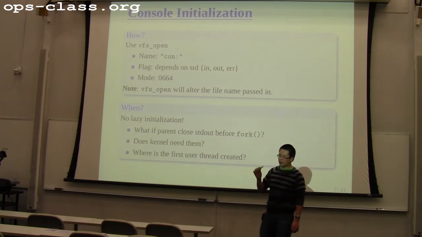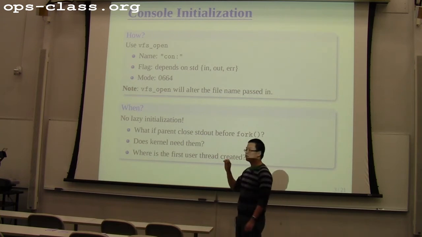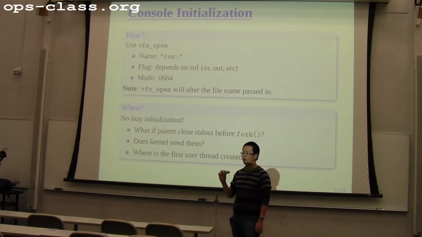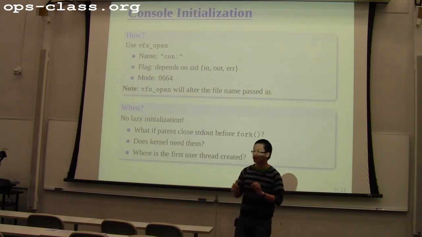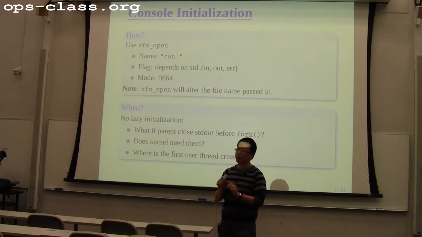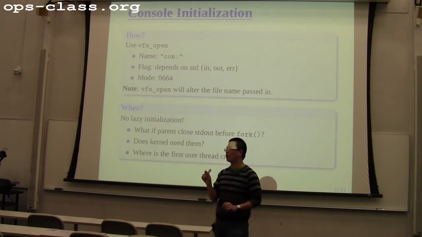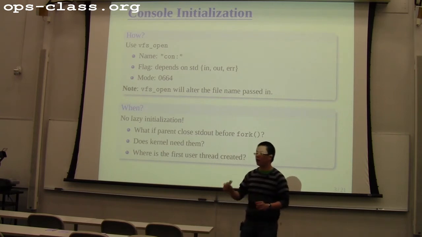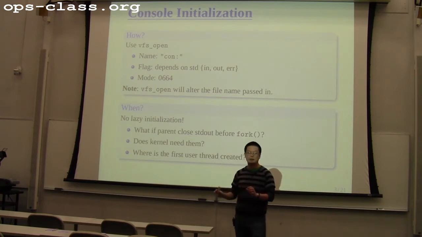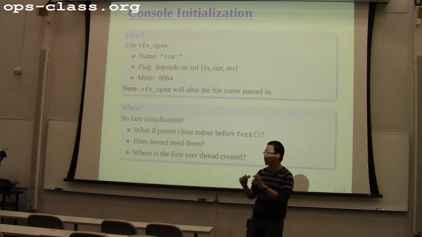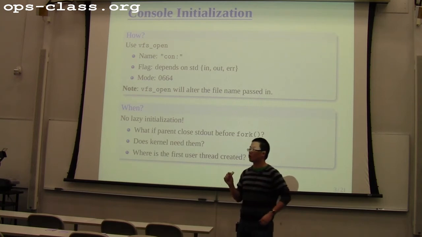So suppose the parent closes stdout before calling fork, and then the parent calls fork. When the parent closes stdout, the file table entry in the parent for stdout is null, right? And then in fork, because you are copying the file table, the child's file table entry for stdout is also null.